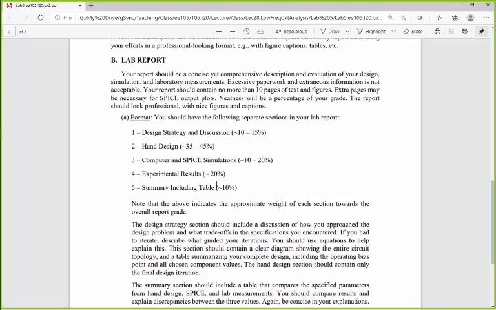And so a table of all the specs that you made and didn't make. So some of you may not make all the specs, and so the world won't end if that happens, but you'll definitely receive the highest grade if you can meet all of the specs. And so these are approximate weights here for each section, depending on how your report is written there.